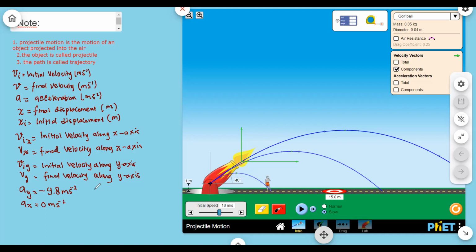So the kinematic equations can be stated as some formulas.